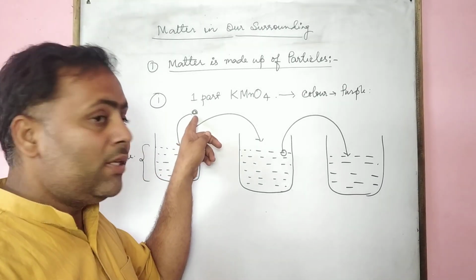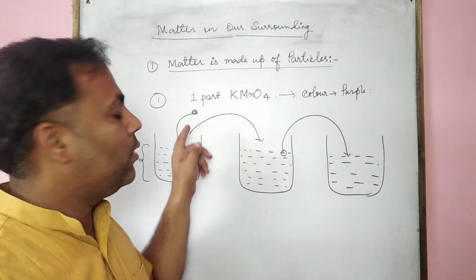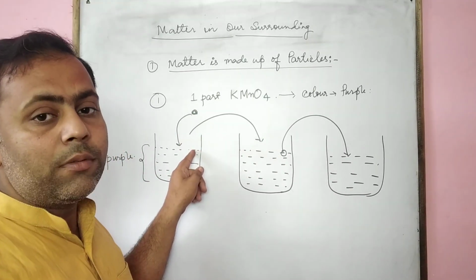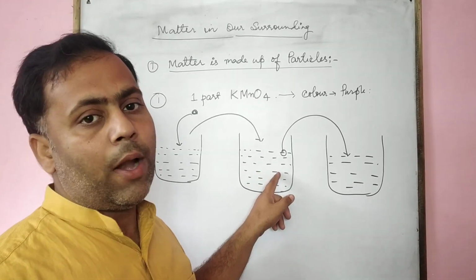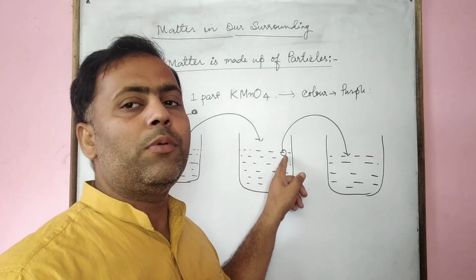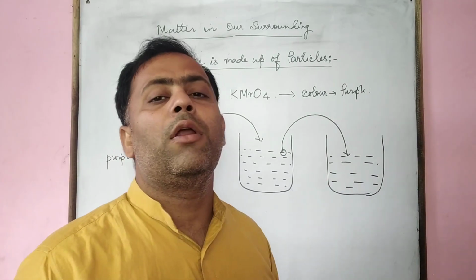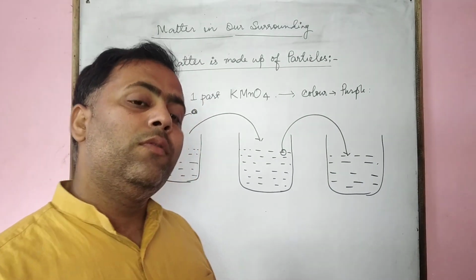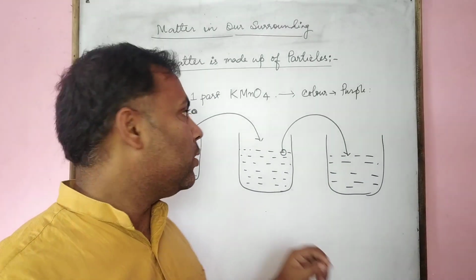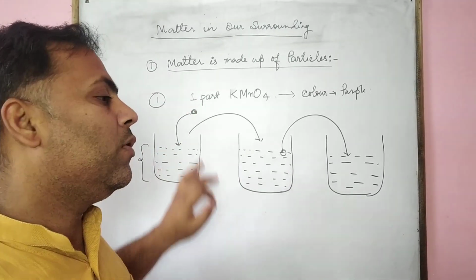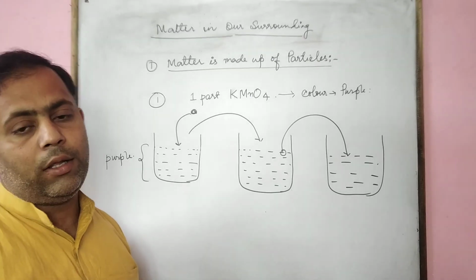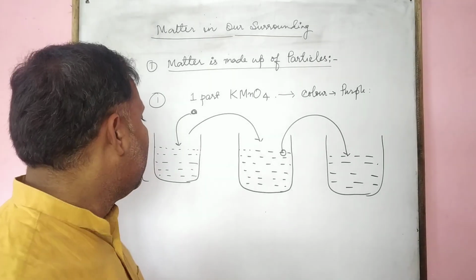Because this piece is also made up of smaller particles. When we take one piece of this KMnO4 and pour it in, it is further broken down into smaller particles. When we take a few drops of this, it is further broken down into smaller particles. It is so because this KMnO4 crystal which we have taken is made up of smaller and smaller particles. Clear? How is it happening?